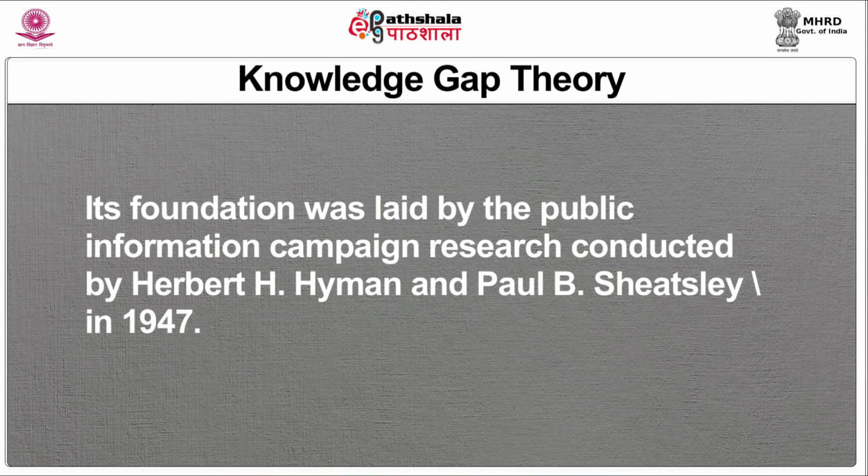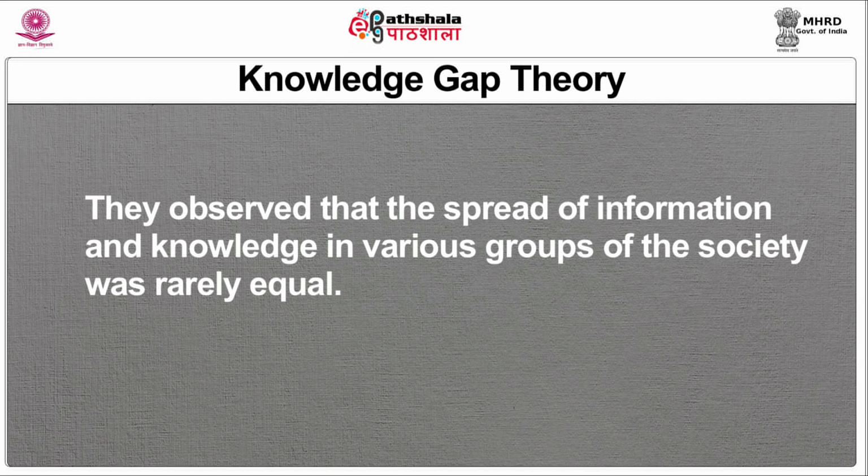Its foundation was laid by the public information campaign research conducted by Herbert Hyman and Paul Sheatsley in 1947. They observed that the spread of information and knowledge in various groups of the society was rarely equal.